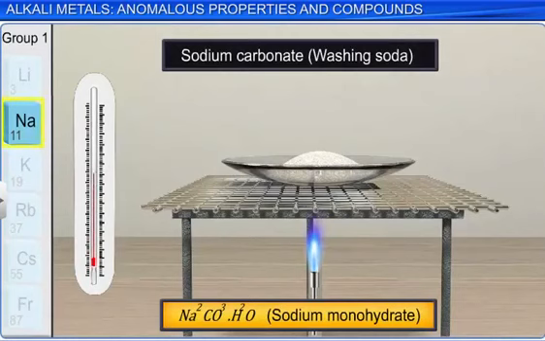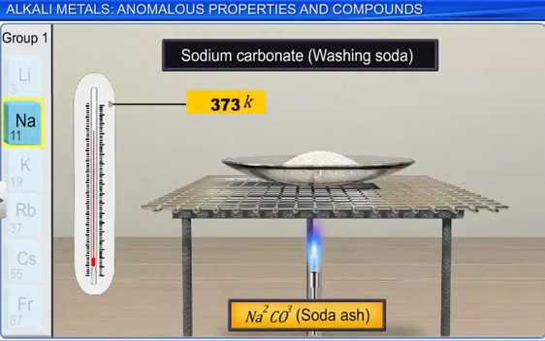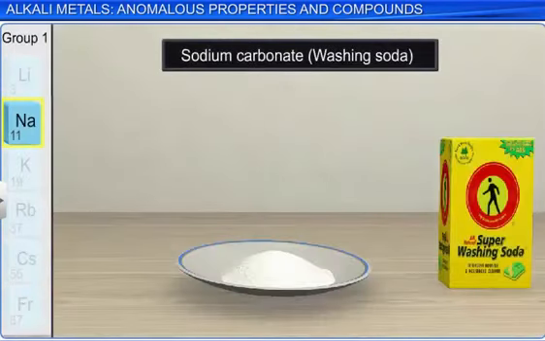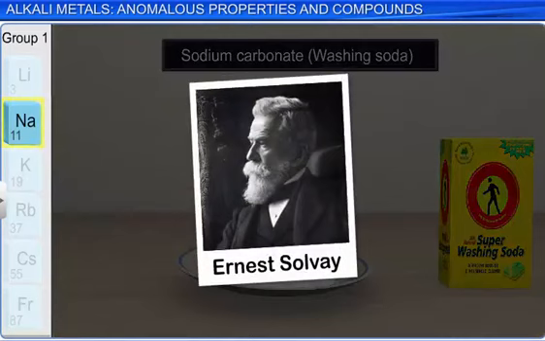Above 373 Kelvin, it forms an anhydrous salt called soda ash. Most sodium carbonate is produced by the Solvay process, which was developed in the mid-1800s by Belgian chemist Ernest Solvay. This process, which has several steps, takes advantage of the low solubility of sodium hydrogen carbonate in water.